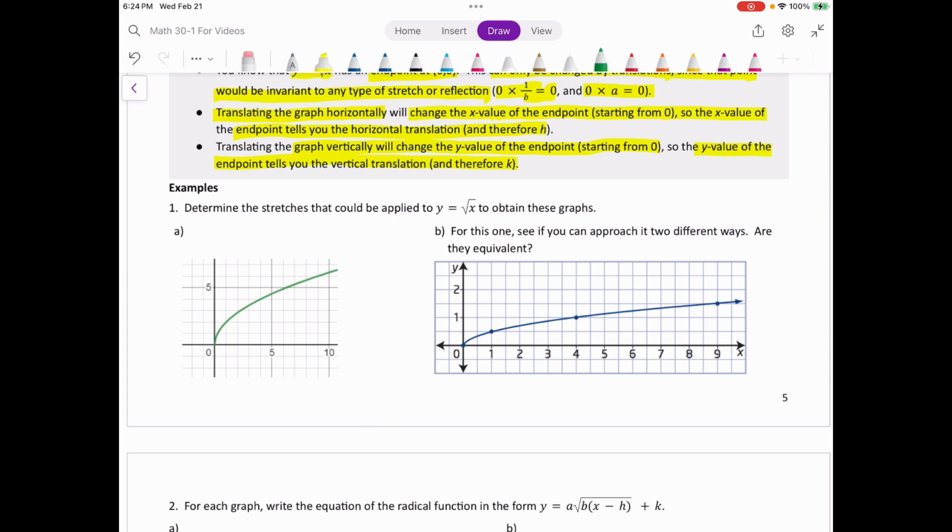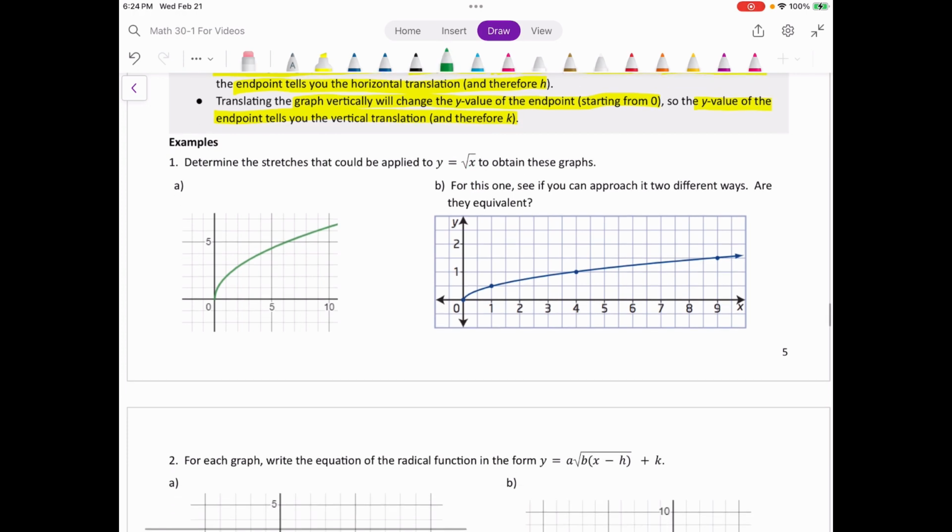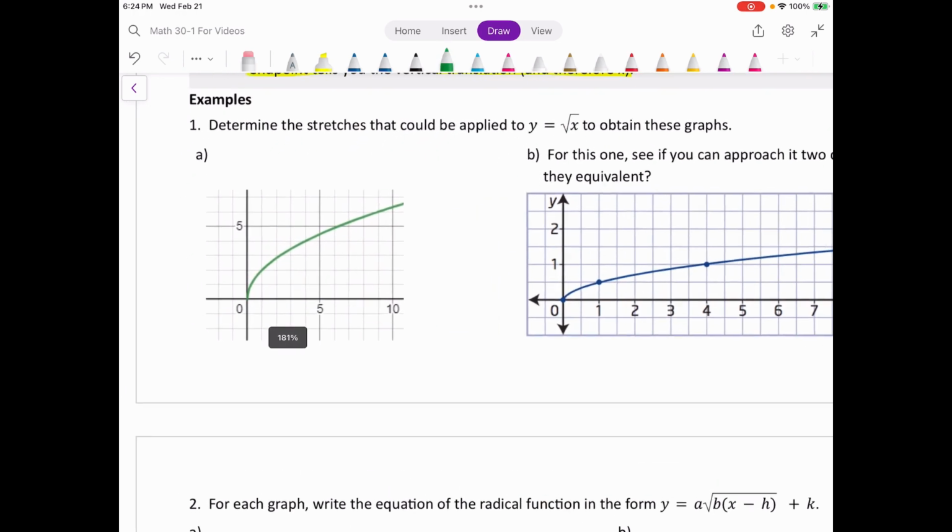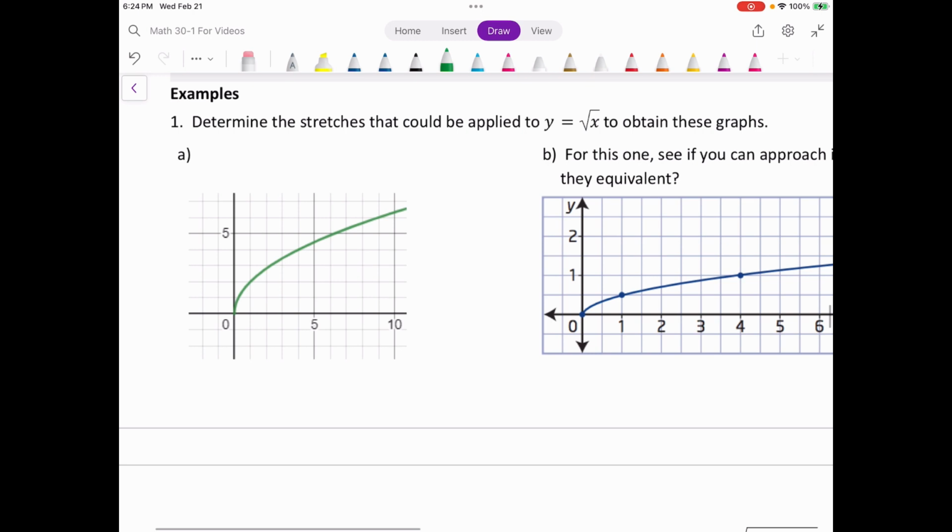So let's take a look here. How could we have stretched y equals root x to obtain this graph? Well, this is where I was referring to. We can make use of that width height test, so to speak, right? Starting from the endpoint, if I go over 1, I could go up 2, right? Over 1, up 2.